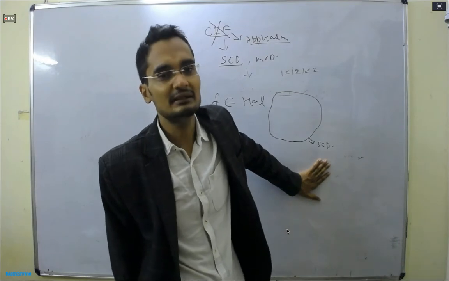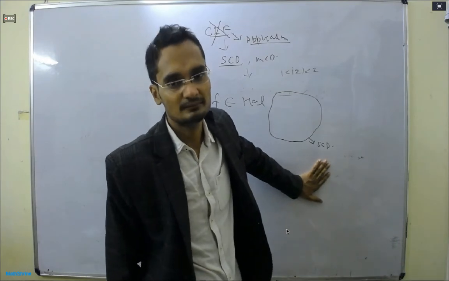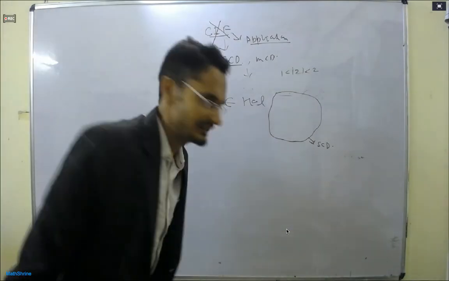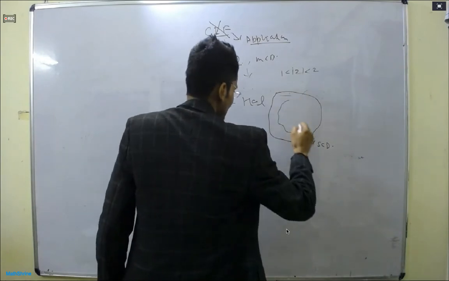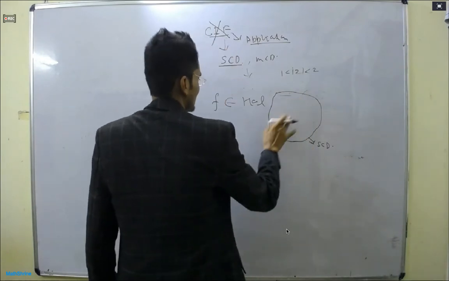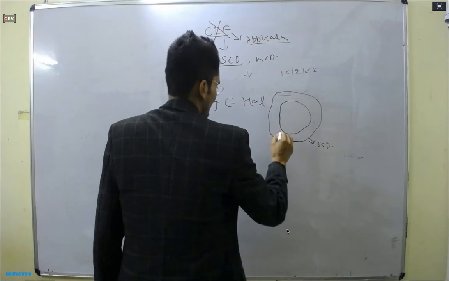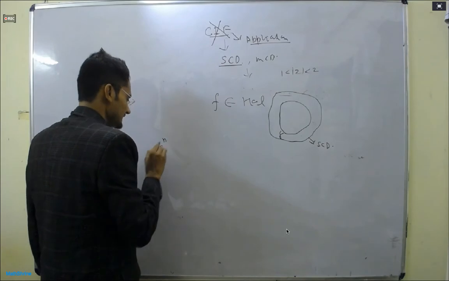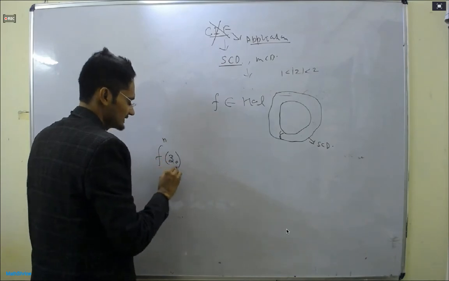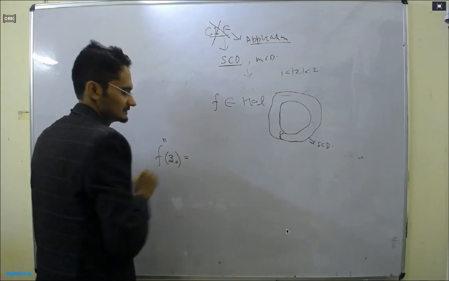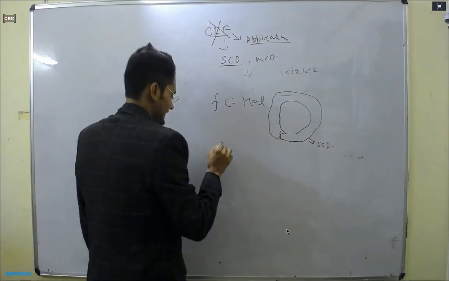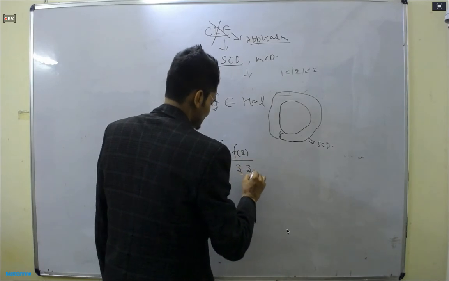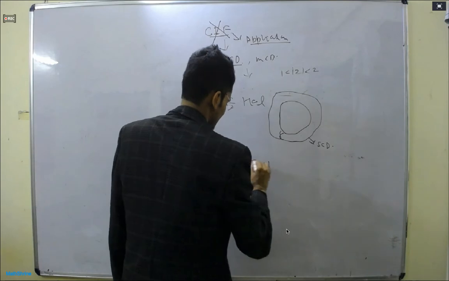Then for any circle or any simple closed curve gamma in D, the nth derivative of the function at point z0 is equal to, anybody can tell, the integral of f(z) over (z minus z0) to the power n plus 1 dz, times n factorial upon 2 pi i. Is it correct, or is some term missing?